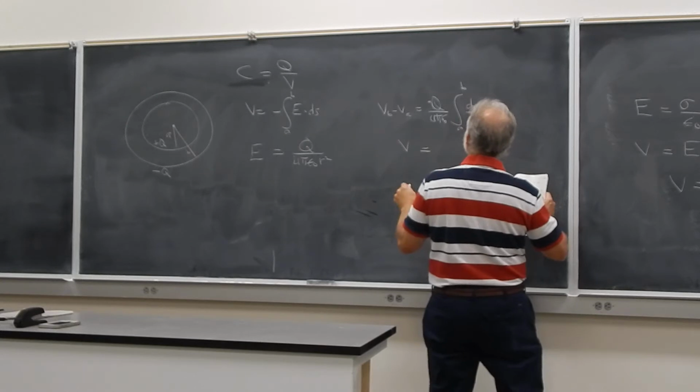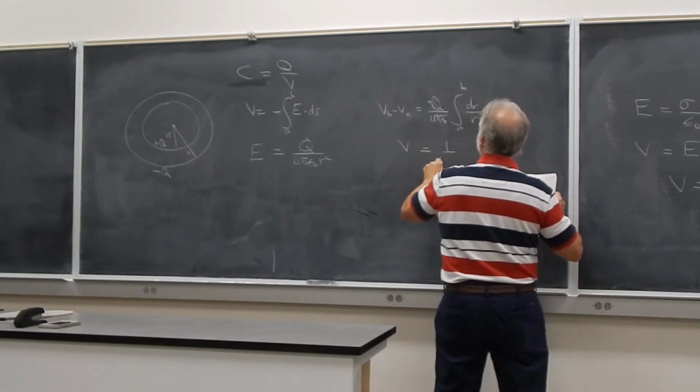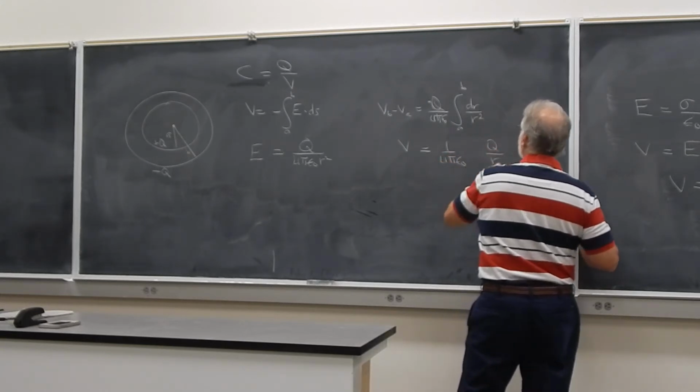So that the voltage then is equal to 1 over 4 pi epsilon naught times Q over r.